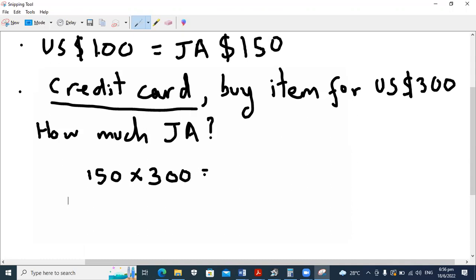And what is that? 45,000. Yes, sir. Remember that whenever doing foreign exchange, always put the country beside the number.